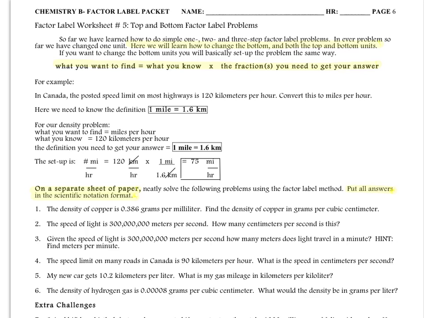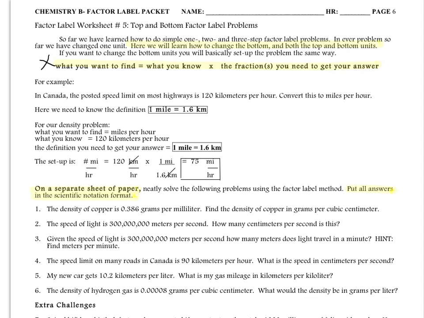And if that's not clear, hopefully the example will clarify. But we're still going to use the same basic setup, where we set what we want to find equal to what we know or are given, and then we multiply by fractions, where the whole focus is the units and getting the units to cancel out.